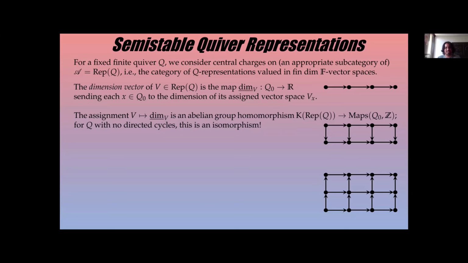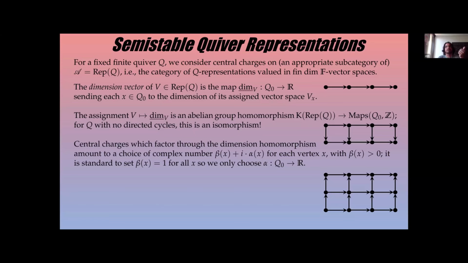It takes a little bit of work to show, but basically the Grothendieck group that was so mysterious in the previous slide is now just generated by functions from the vertices to the integers. That's pretty nice, and all the quivers we will care about in TDA happen to be acyclic.